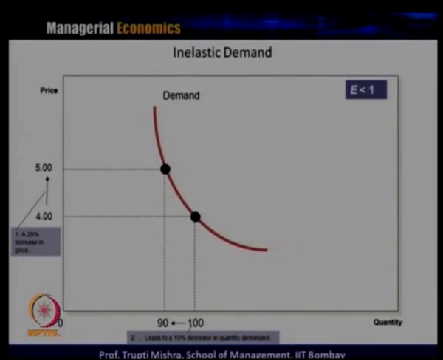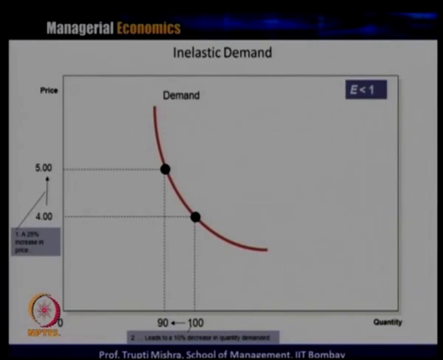Initially, the price is 4 rupees and the quantity demanded is 100 units. If there is an increase in the price from 4 rupees to 5 rupees, what is the proportionate increase in price? The percentage increase in the price is 25%.